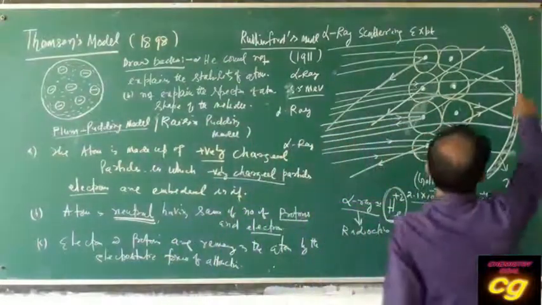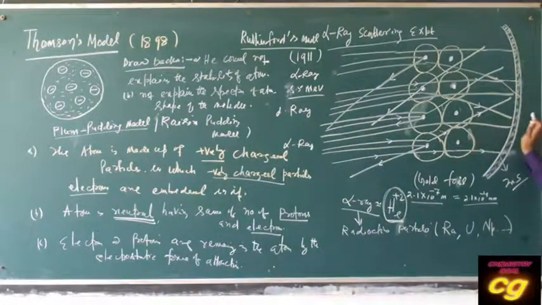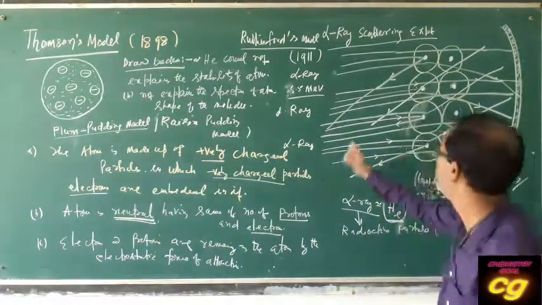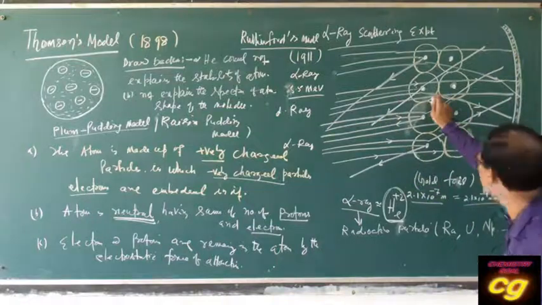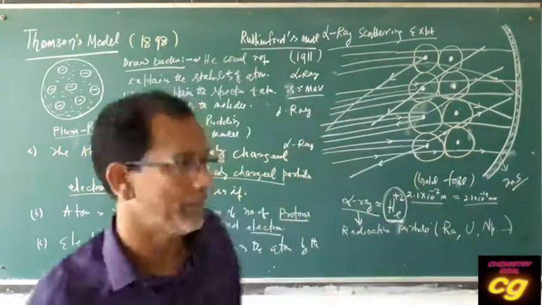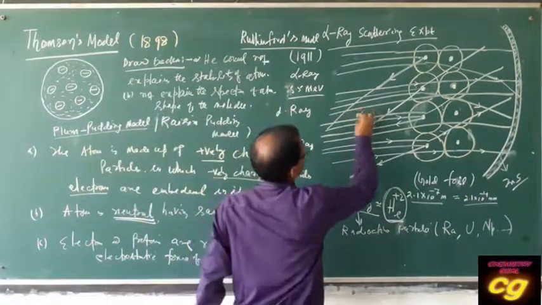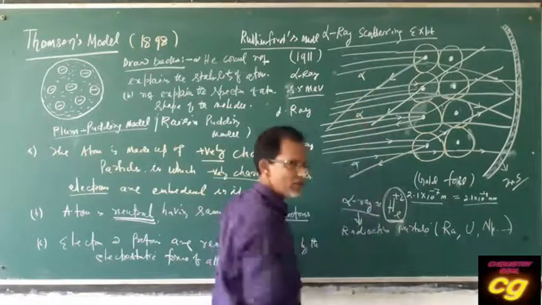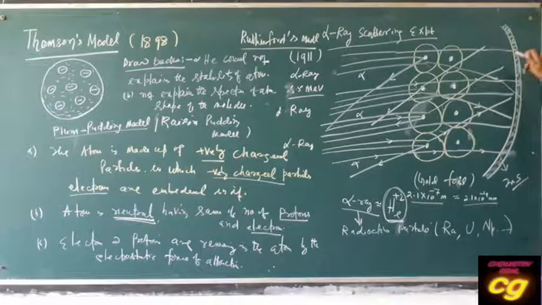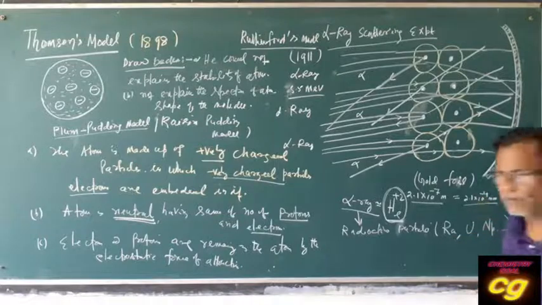Alpha ray is invisible, we cannot see it, but after passing through the gold foil it causes illumination at the screen. That's why the photographic screen is taken for the identification of the ray.